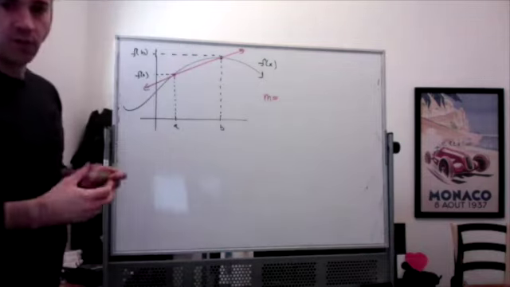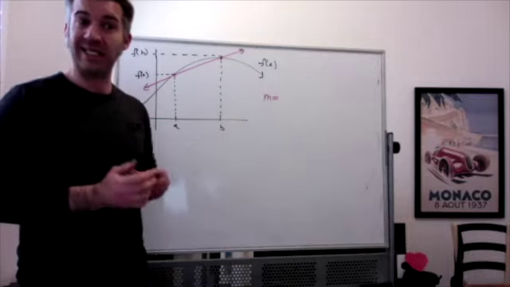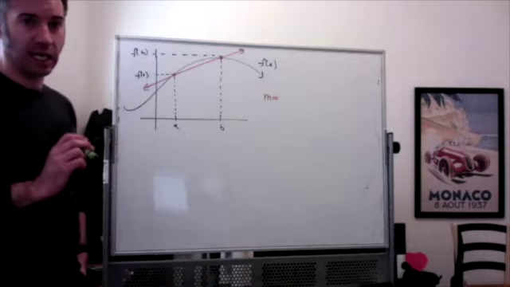By the way, when there's a straight line that goes through 2 points on the graph, it's typically called a secant line. So I want to know what's the slope of this secant line.